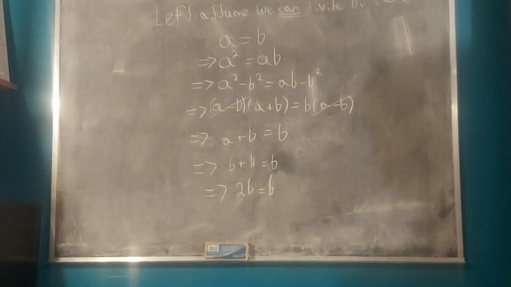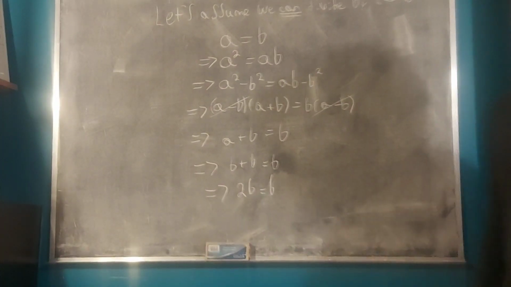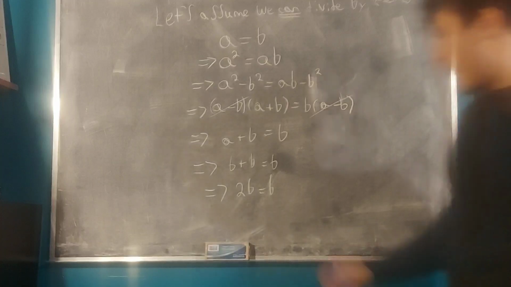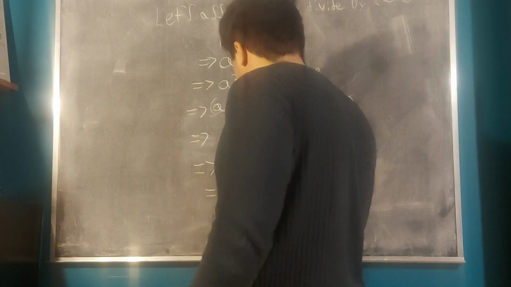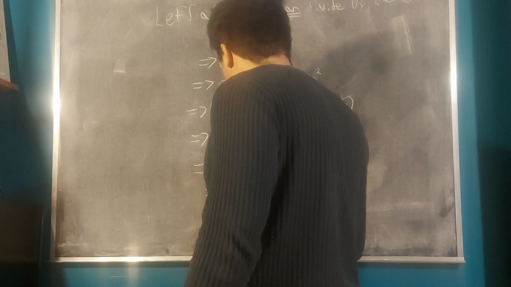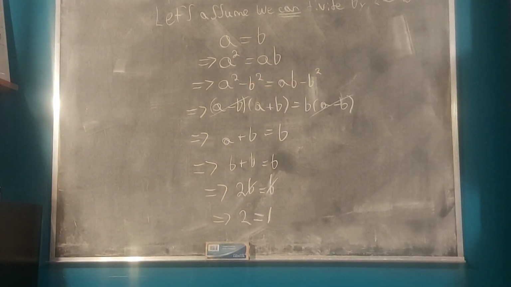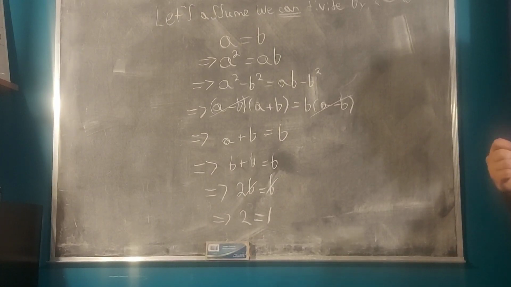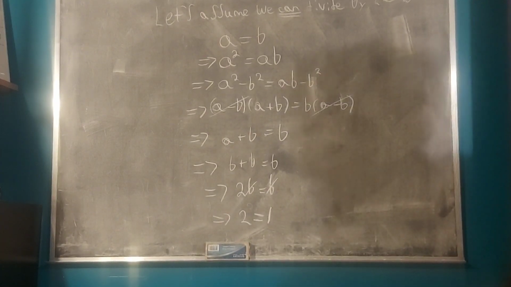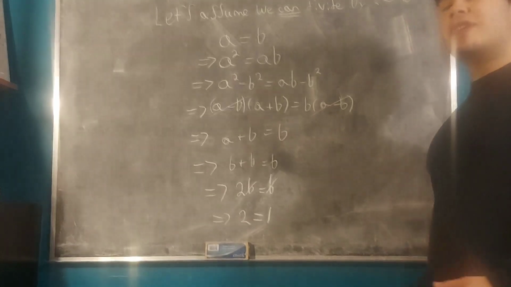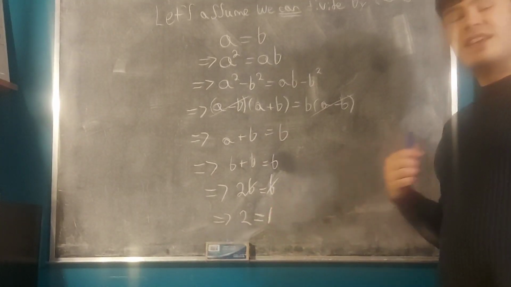And of course, we can cancel the b's on both sides here. And we are left with 2 is equal to 1. Now, I am sure we can all agree that this is indeed nonsense.